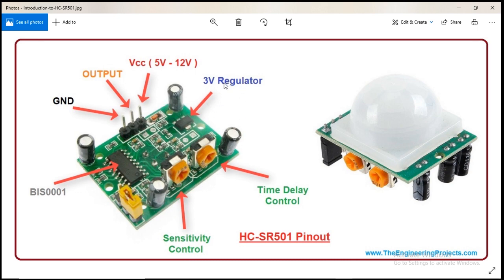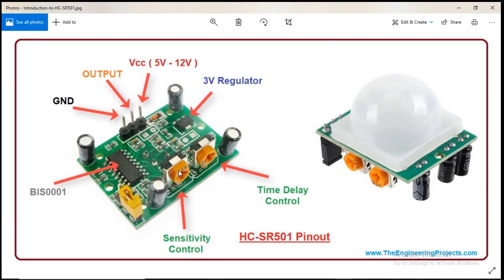It has a 3 volts regulator. But what I want to point out here are these 2 potentiometers, these 2 variable resistors. You can see this one is used for setting the delay time, and this one is used for setting the sensitivity of the sensor.